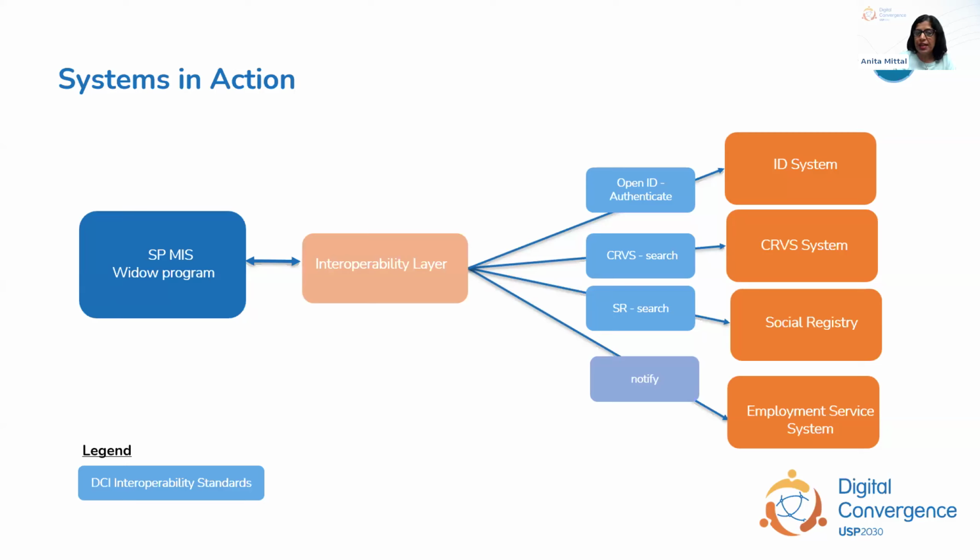DCI has already studied these interfaces through the in-action workshops, constituted standards committees, and built consensus on the standards for CRVS and social registry, and the ID is at an almost final stage, undergoing public review. So if you want to have a look and provide feedback, you're welcome to do so.